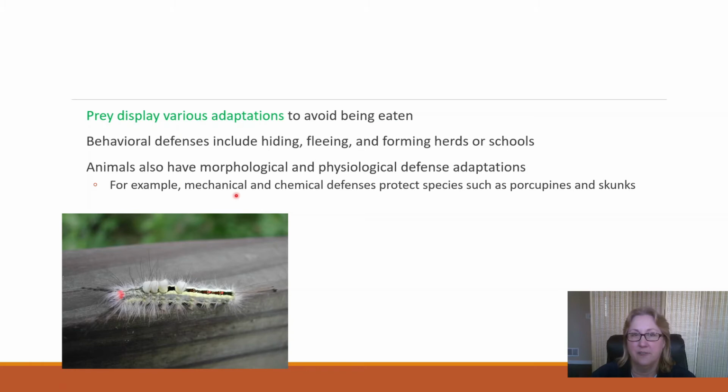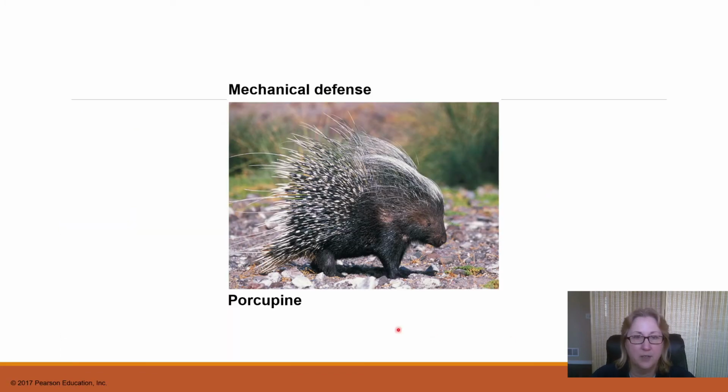Some other kinds of defense mechanisms would be the spines on porcupines or skunks. Porcupine spines would be considered a mechanical defense. Their spines release quite easily. They're specialized hairs. The spines on porcupines and also hedgehogs are specialized hairs that can release very easily.